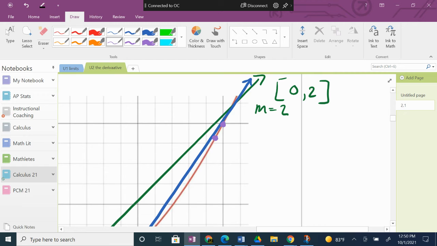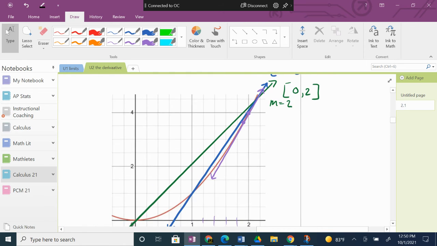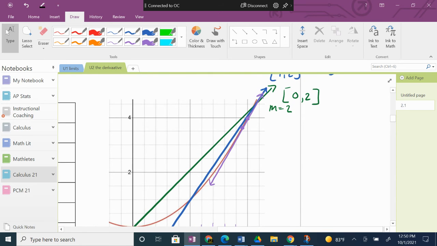That type of interval, it's getting really, really close, zoomed in now, right? So it's getting closer and closer to that instant rate of change as that interval gets very, very small.